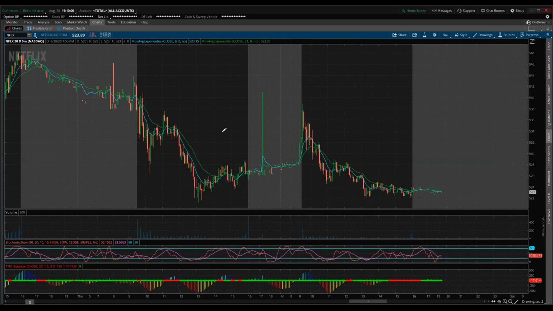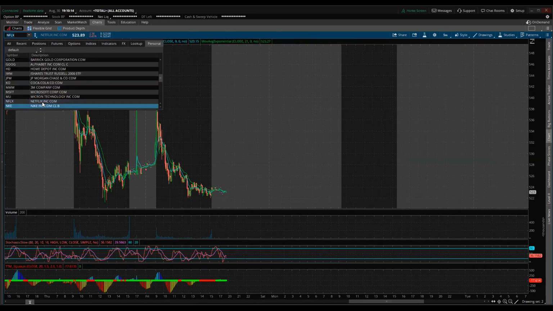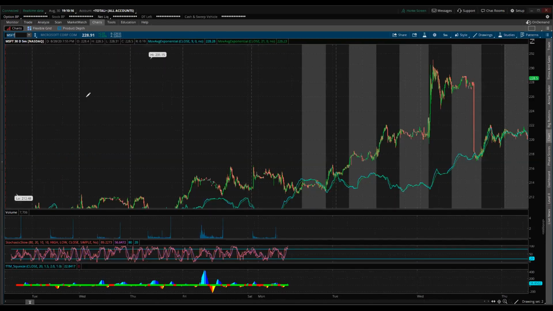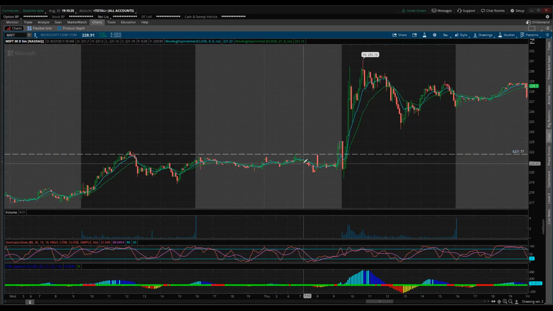Because day trading, you just get in and out, taking your profit when you can. But that happens with a lot of stocks. Like Microsoft, this line would be considered the pre-market high. Within the first 15 minutes, it hovered around it, and then it broke above at the 950 area.